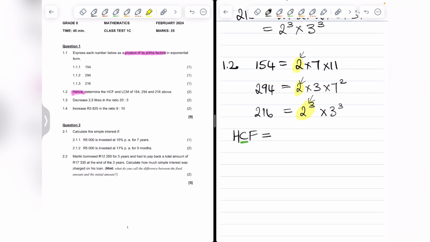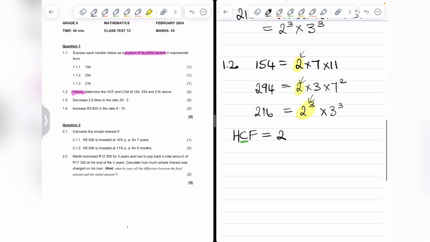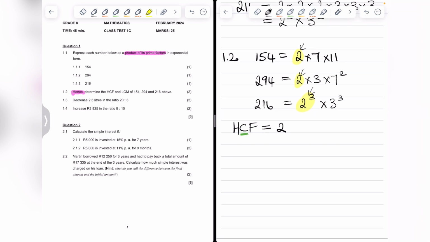So like we said in the previous memo for class test 1B, we choose the 2 with the lowest exponent, which is then 2, because that 2 can divide into all the 2's that are there. So that would be the lowest. And then, of course, it sounds weird, but it is the highest common factor, because it is the highest number that can divide into all three of those sets of 2's, because 2 to the power 3 cannot divide into 2.